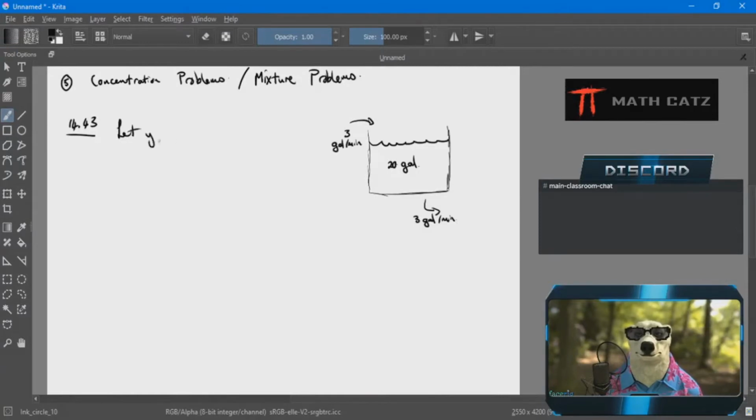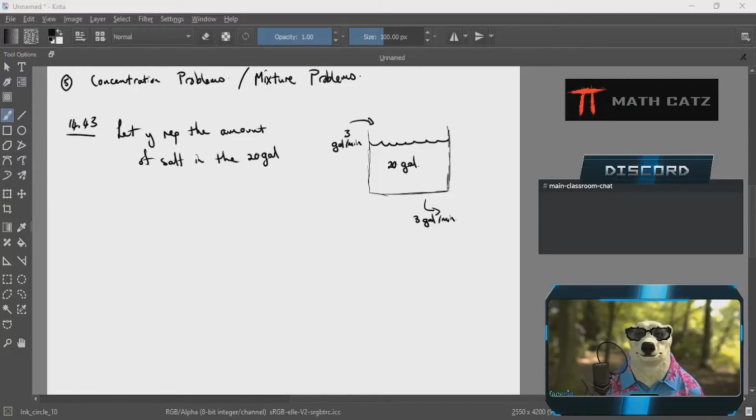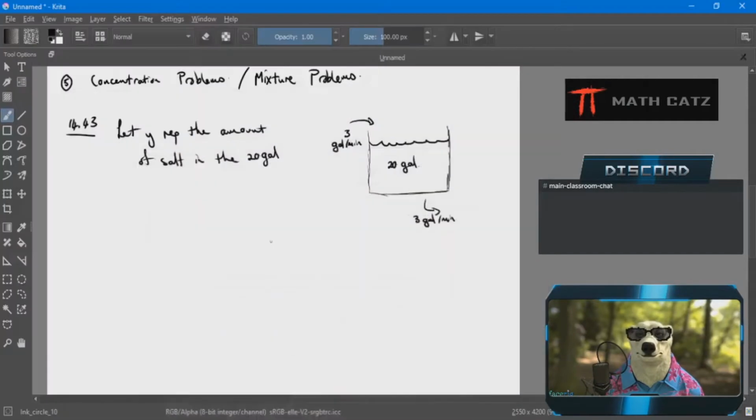Let's say y represents the amount of salt in the 20 gallon tank.